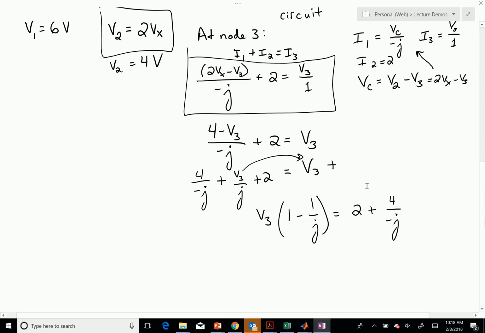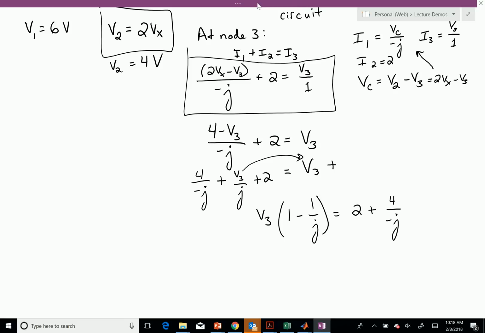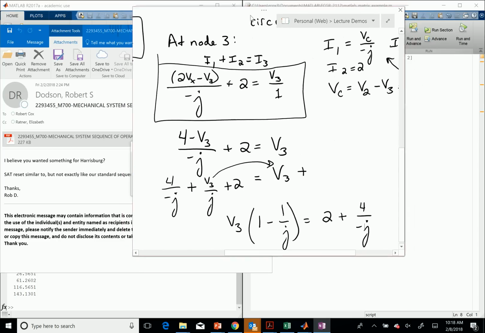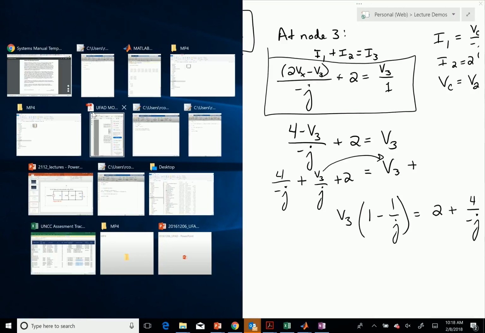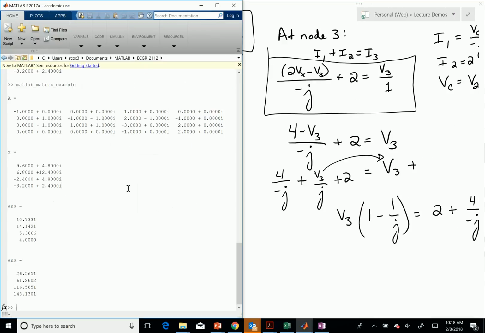Now again, I'm going to solve that in MATLAB real quick. So let me bring this over here. I'm going to say 2 plus 4 over minus j, we'll call that top.